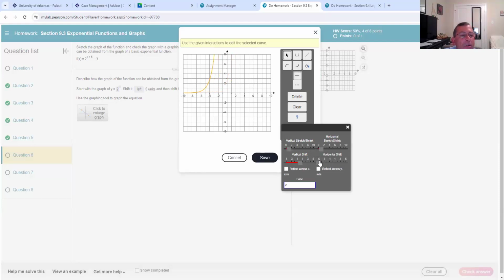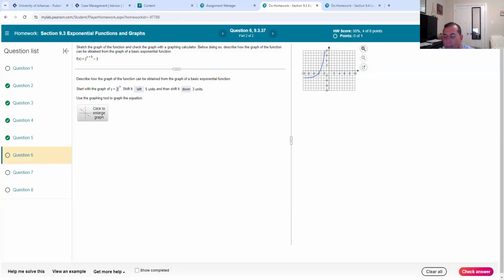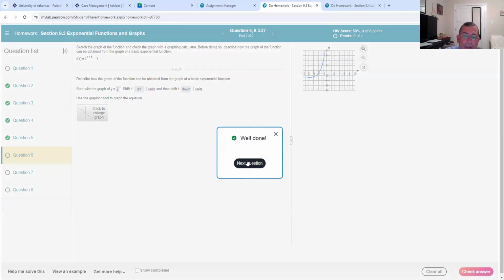So I move my horizontal left to -5. And then my vertical would go down 3. So move that to -3. Then remember down here on base, change that from the E to a 2 to match your base. All right, so once you do that, you save that, and you're going to check your answer.